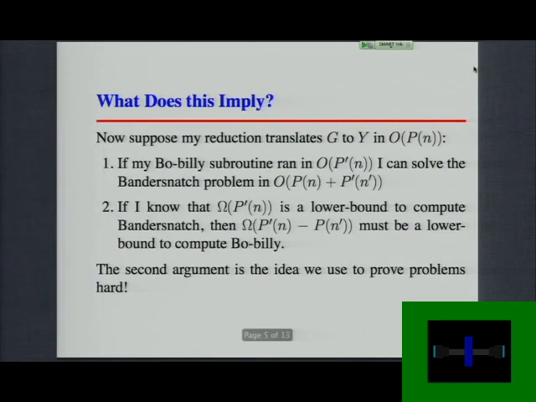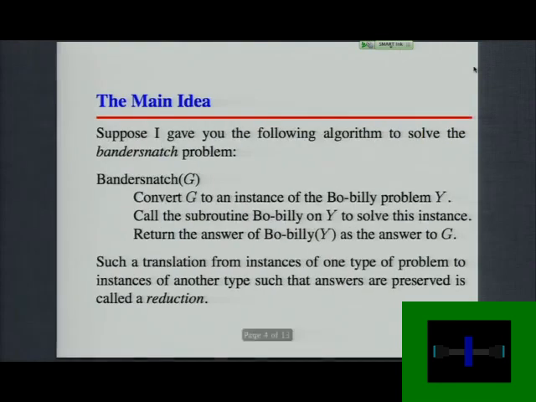But the other thing that's interesting is, suppose I tell you that there is absolutely no possible way to compute Bandersnatch fast. I have a lower bound. I can tell you for good reason there is no fast way to solve Bandersnatch. What does this algorithm do?